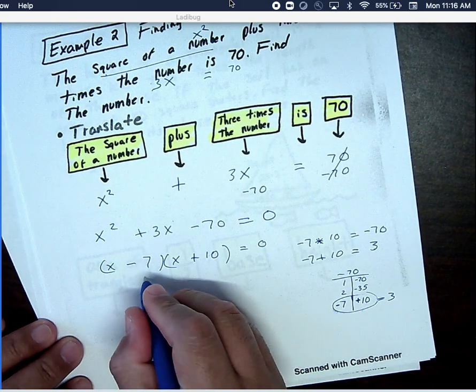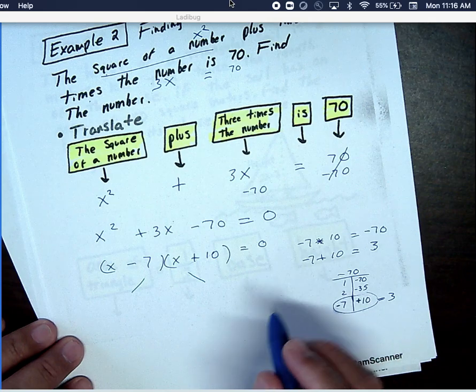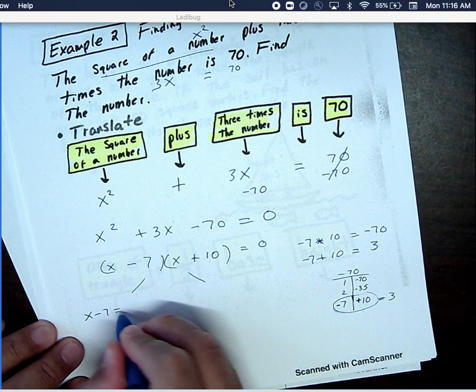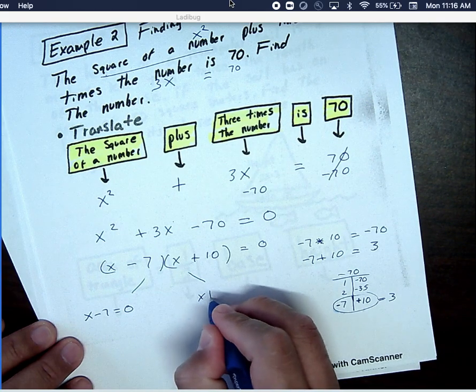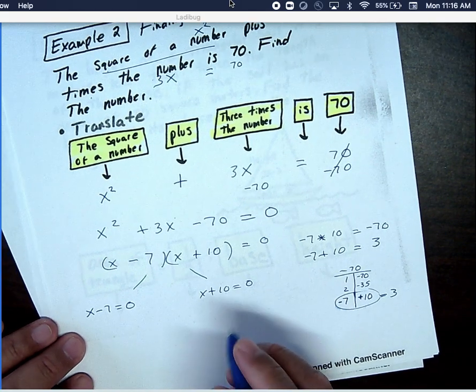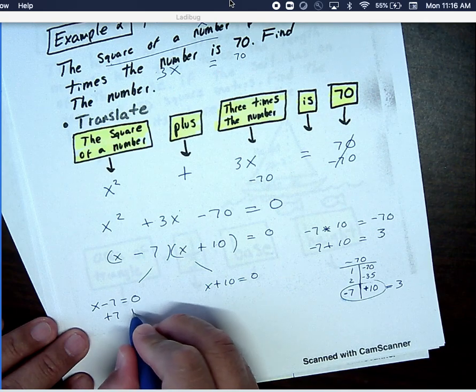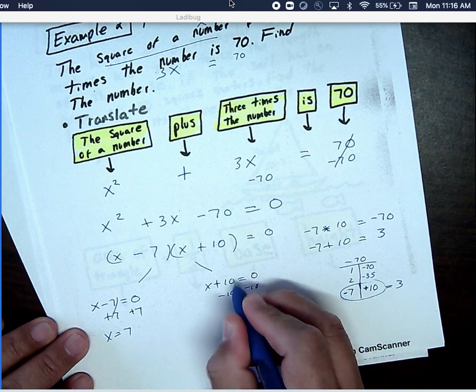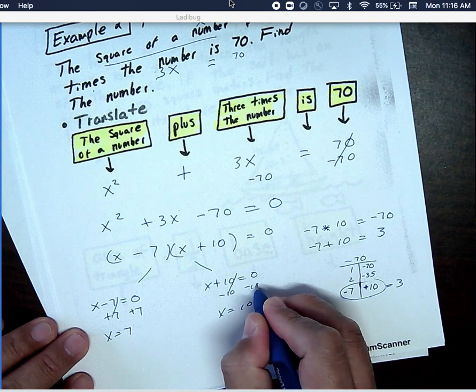So after this, remember, set up the equations: x minus 7 equals 0 and then x plus 10 equals 0. And then solve each equation. x equals 7 and x equals negative 10.